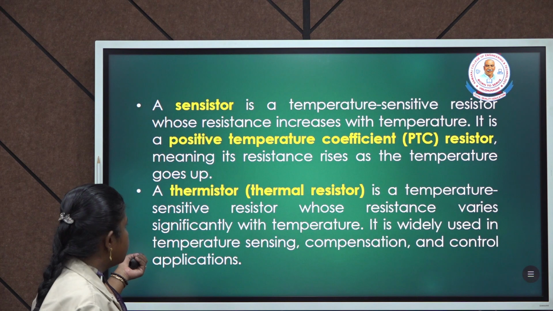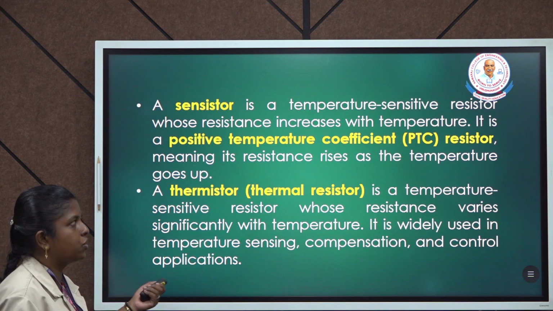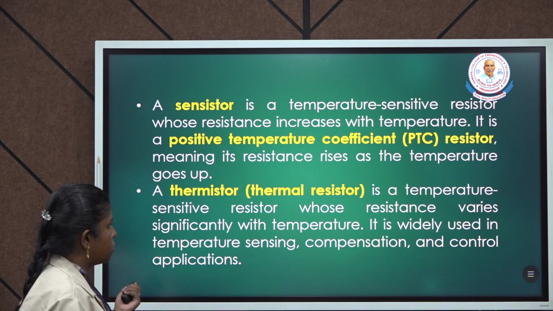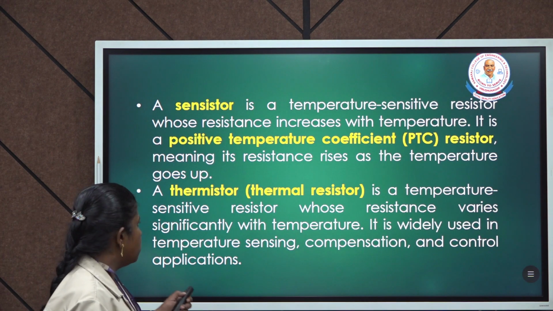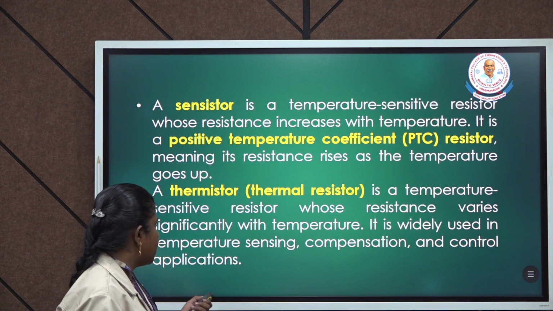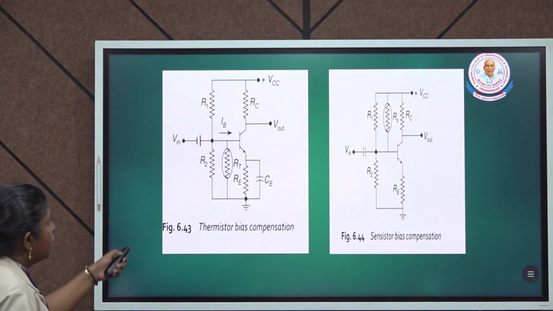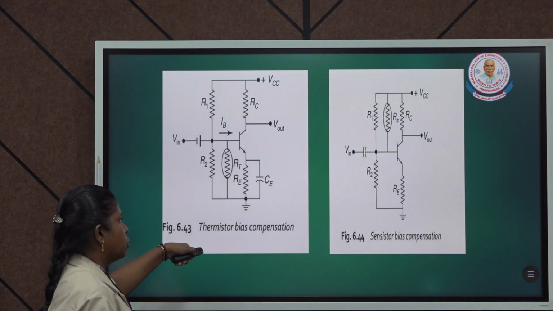The thermistor is the second compensation method. The thermistor is a thermal resistor. It is also a temperature sensitive resistor whose resistance varies significantly with temperature. It is widely used in temperature sensing, compensation and control applications. This is the thermistor bias compensation circuit diagram.